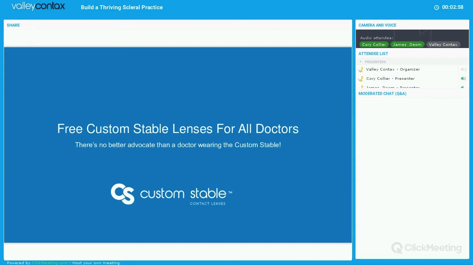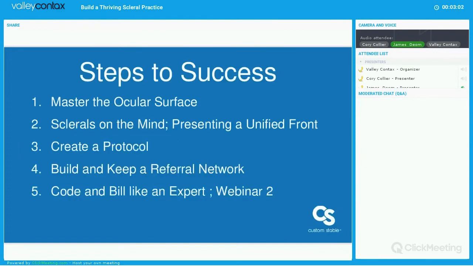Yeah, absolutely. And I'm an emmetrope. I don't wear soft lenses or anything, no glasses. But I think there really is no better way for you to understand what a patient's going to go through. Oftentimes I will go grab the lenses and put one on in front of a patient so they can see me do it successfully. I don't know many doctors that get a new soft lens set and don't try them on their own eye first.